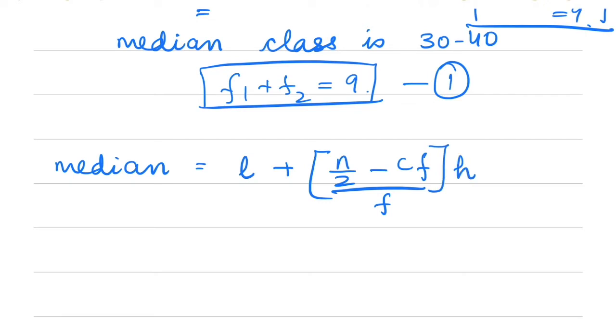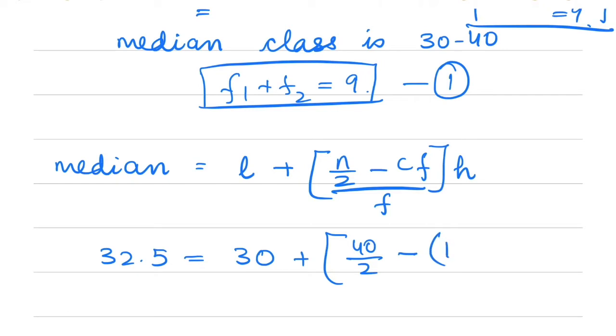The median is given to us as 32.5, which is equal to lower limit 30 plus n by 2, 40 by 2, total terms are 40, then minus cumulative frequency of the preceding class, 14 plus f1, divided by frequency of the median class, 12, multiplied by the height, 10.